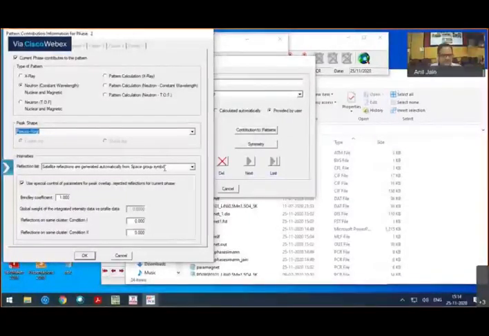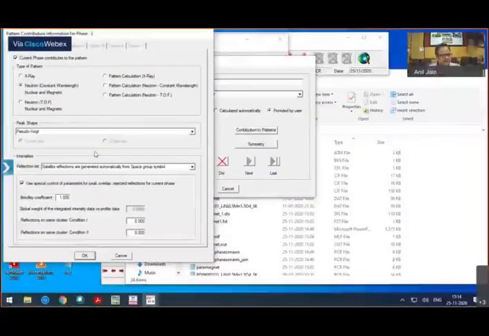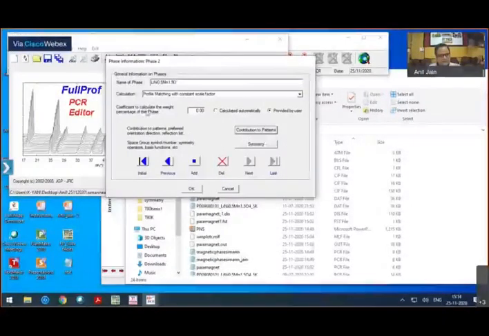So this is the condition for phase number 2. This is the information about the symmetry and about the calculation of this phase number 2.